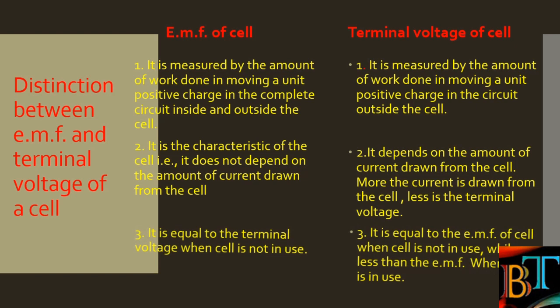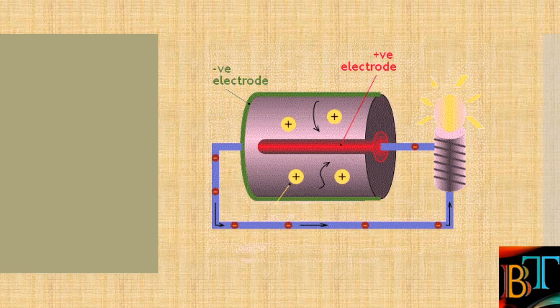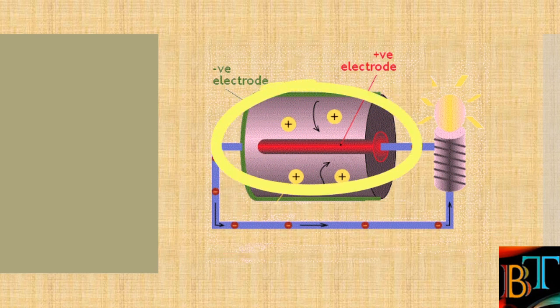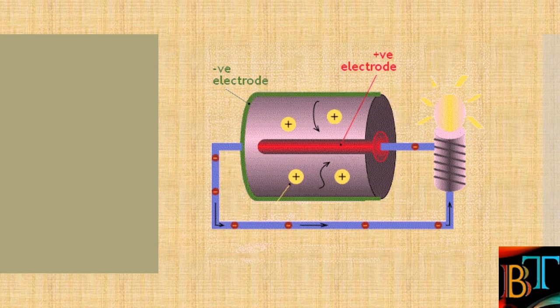So, to maintain a constant potential difference, the electrons have to flow from anode to cathode in the external circuit and from cathode to anode inside the cell through the electrolyte. While these electrons flow, the electrolyte offers some resistance against the flow of electrons.